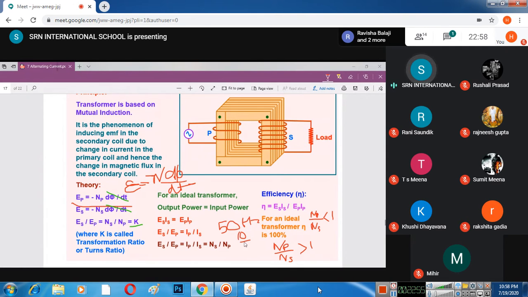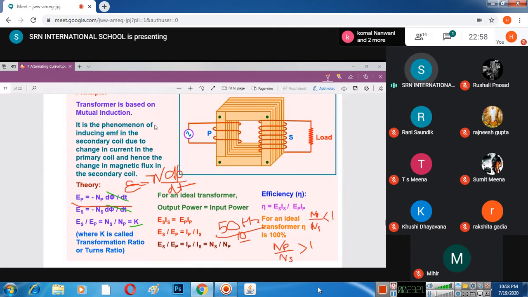That means DC is not changing, but AC is regularly changing over time. And mutual induction can happen with AC only. It cannot happen with DC. That means a transformer will work only on AC. It cannot work on DC. Transformer is an AC device.